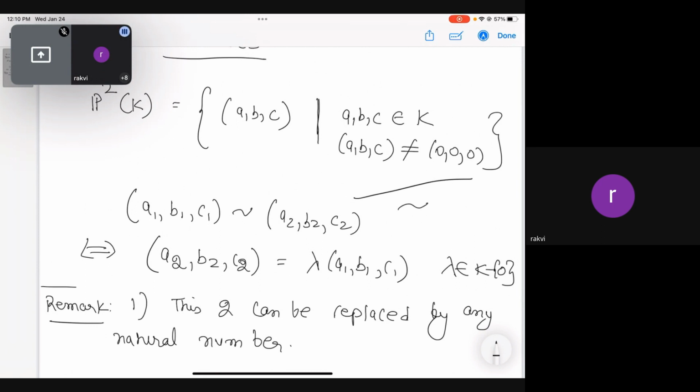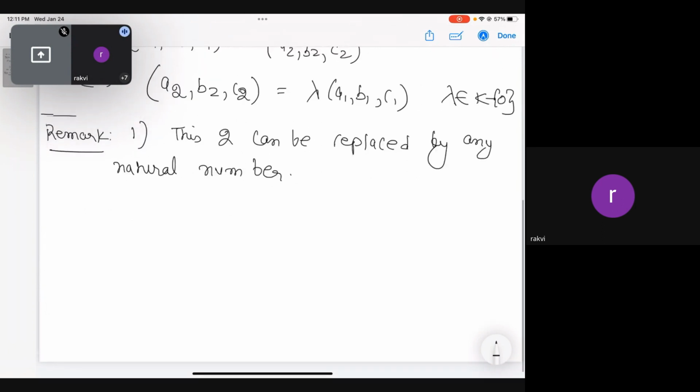In particular 3, 4, in general n. So when I talk of P2 of K, I take this set of 3-tuples. When I talk about Pn of K, I'll take the set of n plus 1 tuples, and then I'll make the similar identification. Two of them are the same if they are multiples of each other in this way.